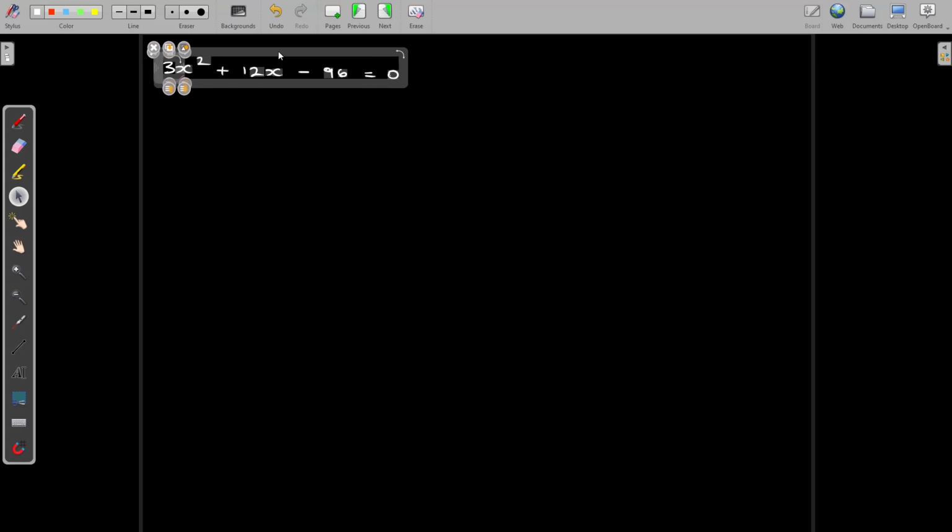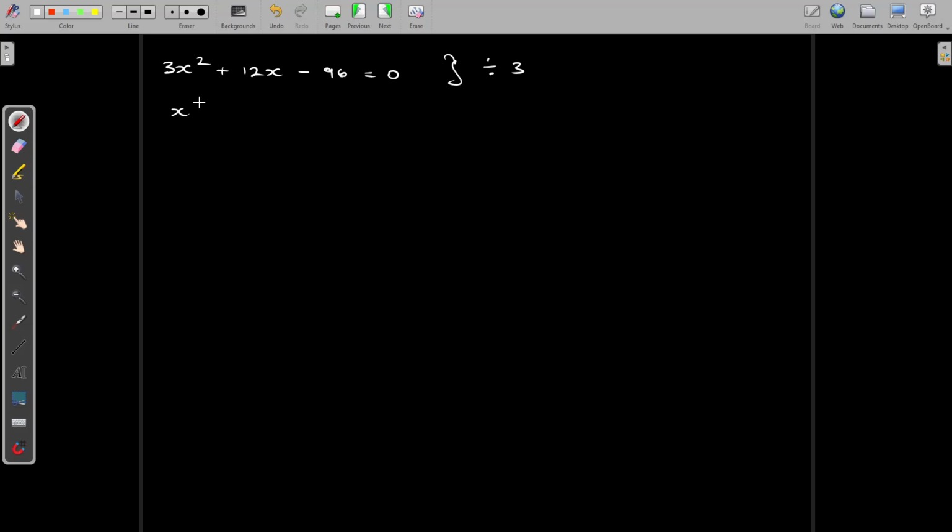Once again, we can use the AC method, or the quadratic formula, whichever way you want. It's up to you. So what I'm going to do is simplify this by dividing throughout by 3. So I'm going to divide everything by 3. So that's x squared plus 4x minus 32.